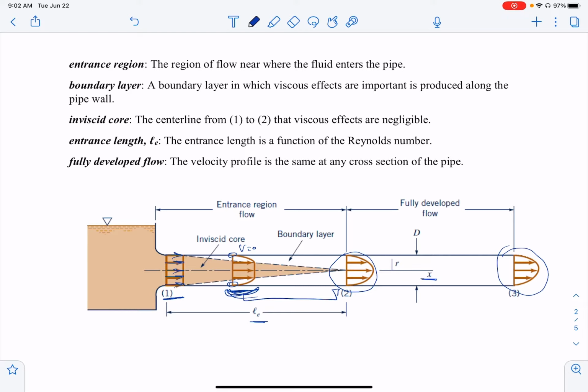In other words, the shape of the velocity profile in the pipe depends on whether the flow is fully developed or it's at the entrance region.